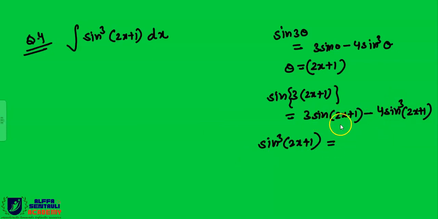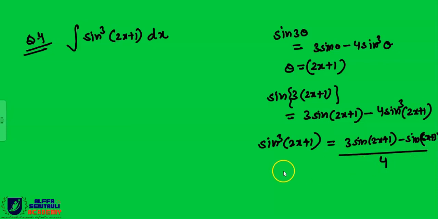So this can be written as 3 sin(2x plus 1) minus sin(6x plus 3), correct beta? And then this will be divided by 4. Got it, Ansh? So now if you see, beta, we have replaced this cube with single power terms, correct? Now this can be easily integrated.